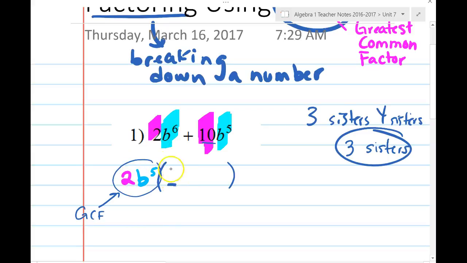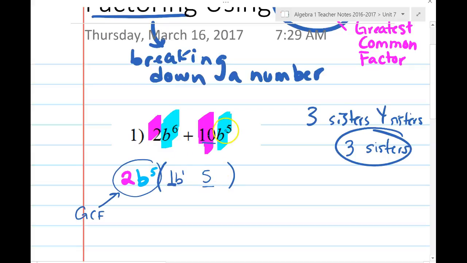So 2 times what equals 2? Well, just 1. And then the same thing for the other number. 2 times what equals 10? Well, that's 5. Okay? And then I do the same thing with the b's. b to the 5th times how many b's equals b to the 6th? Well, remember when we multiply the variables, we add the exponents, so we need one more, b to the 1.